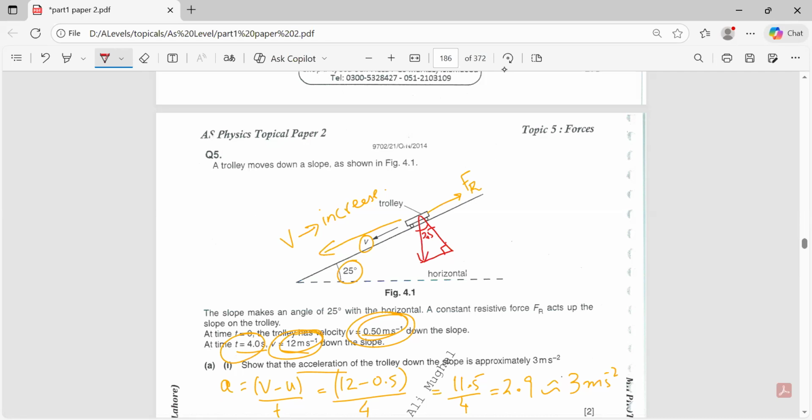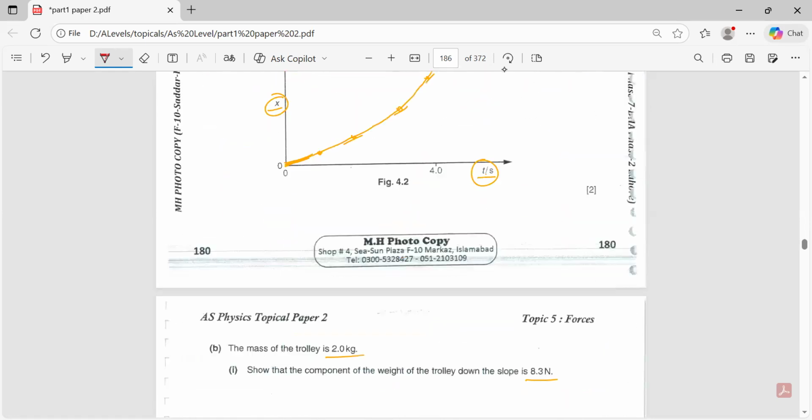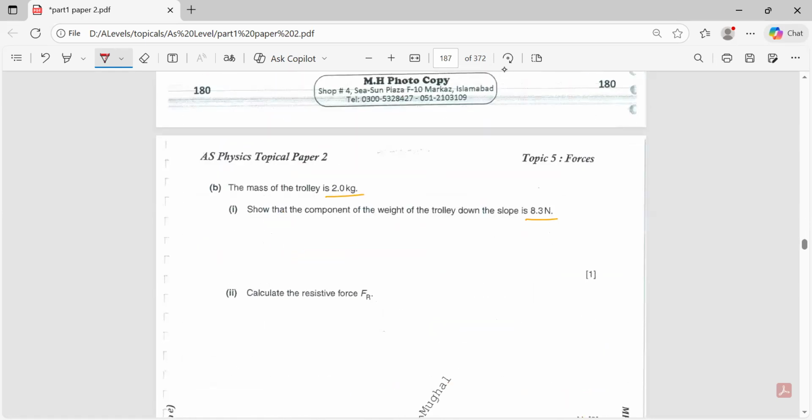The component along the x-axis will be W sine of 25 degrees. So the component of the weight of the trolley down the slope will be W sine 25.